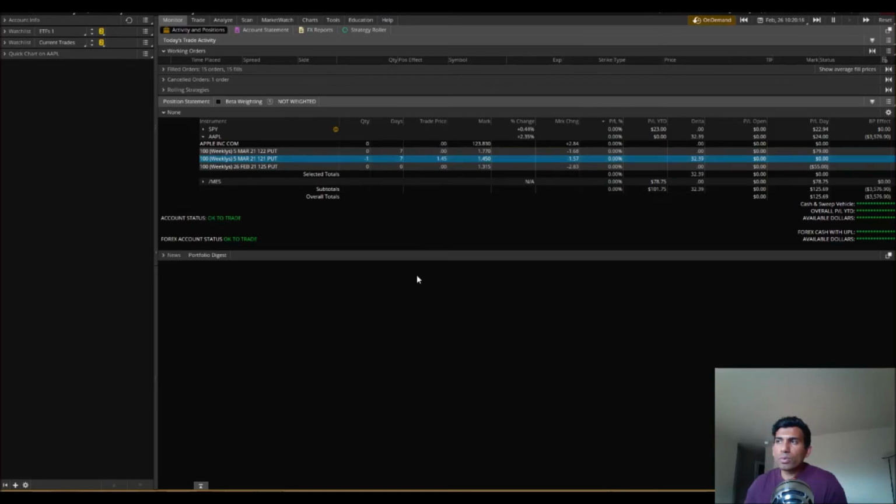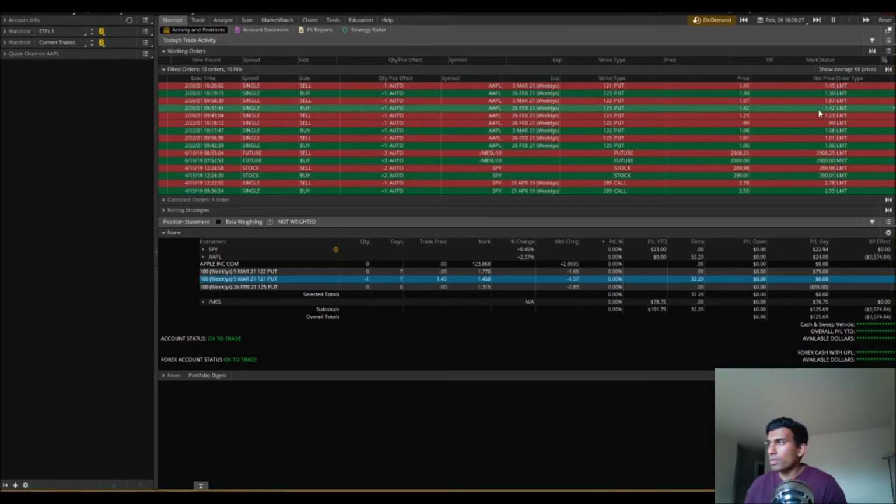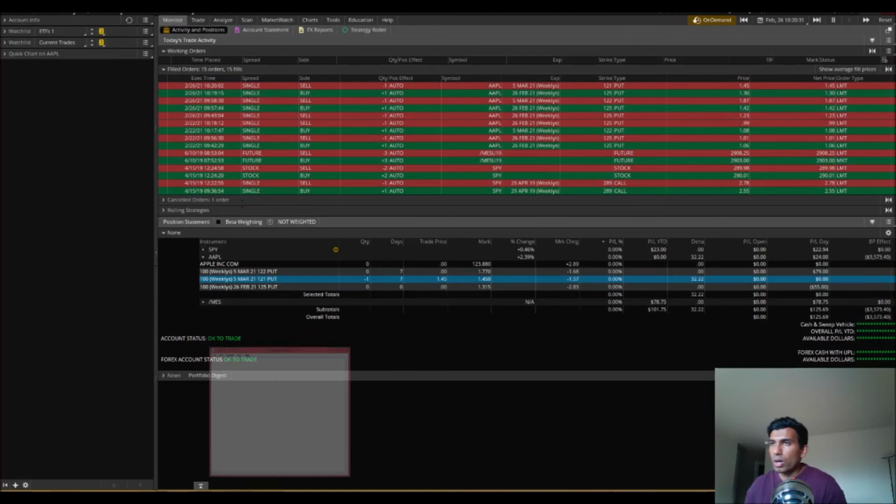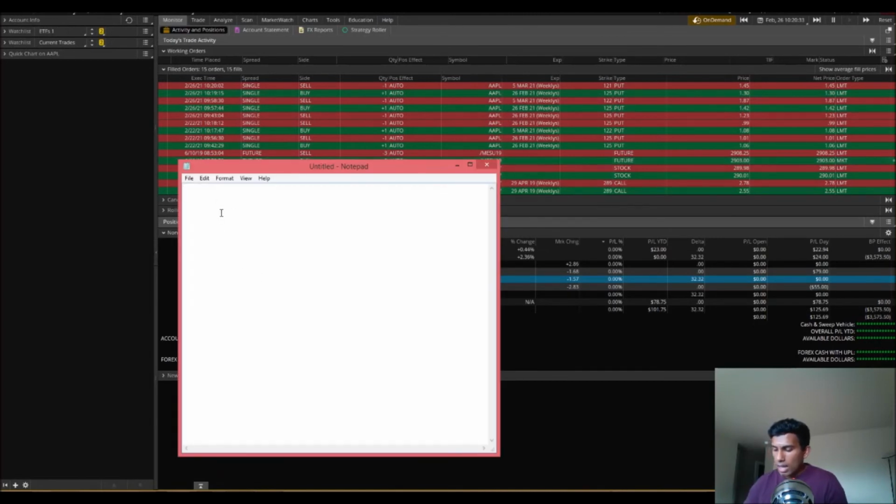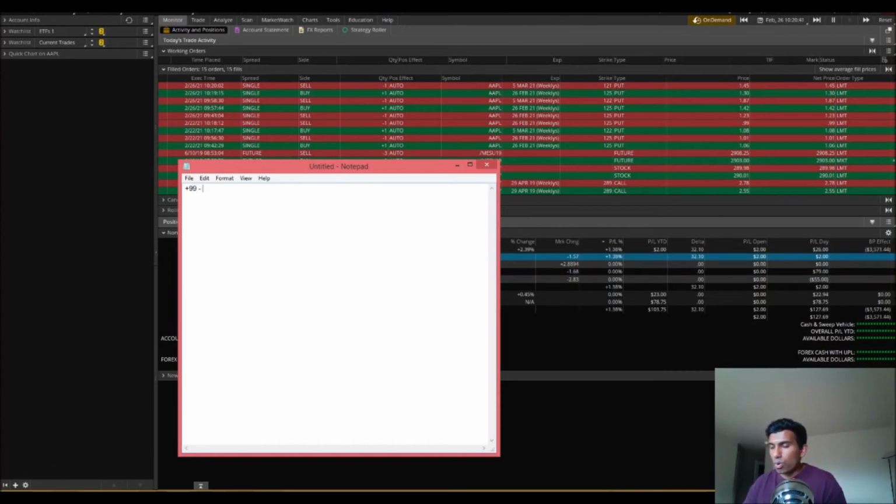Now I want to talk about the actual math behind rolling a position and checking whether or not it's still a profitable trade. In this specific situation, the initial trade that I took was, first I sold a put for plus $99. I then closed that put for minus $130.